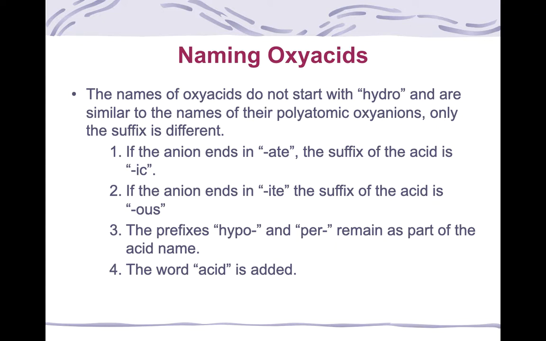And then we add the word acid. You can remember that potentially using this little phrase, ic-ate, ous-ite. It seems like some sort of illness, or maybe you're getting tired of chemistry. But that's a way to remember which ones go with which.